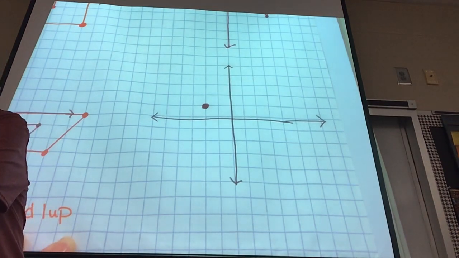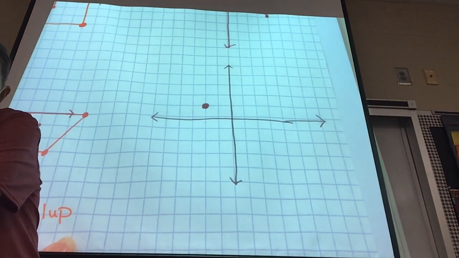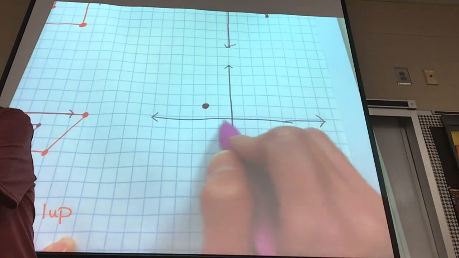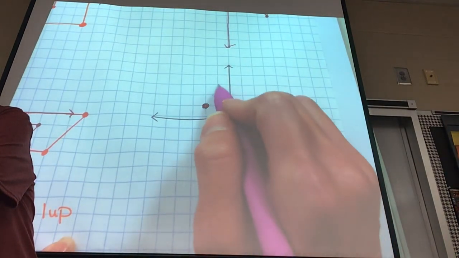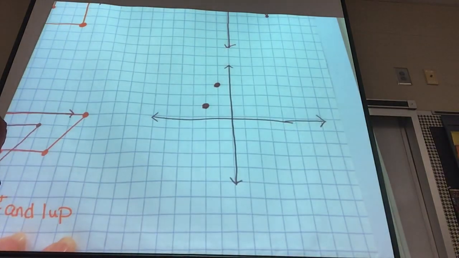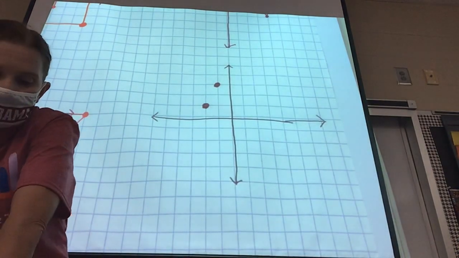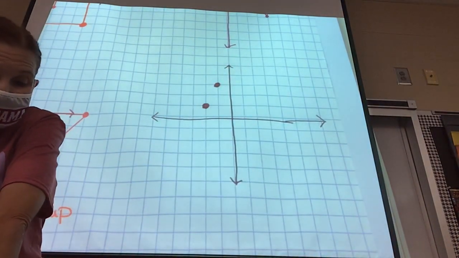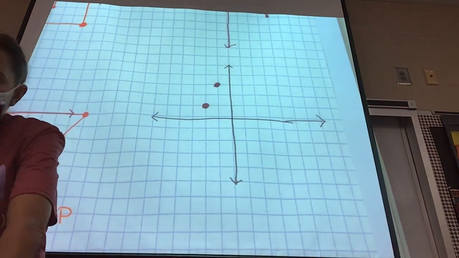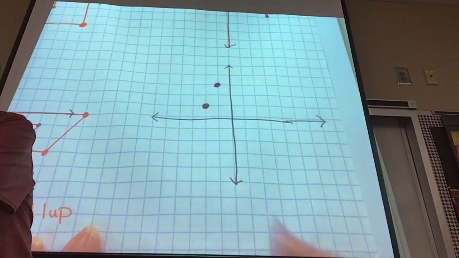We're going to have one at -1, +3. So one of them is going to be right here. And the other one is going to be at -5, +2.